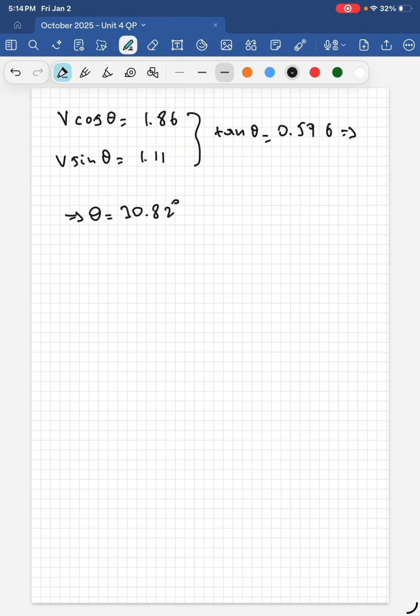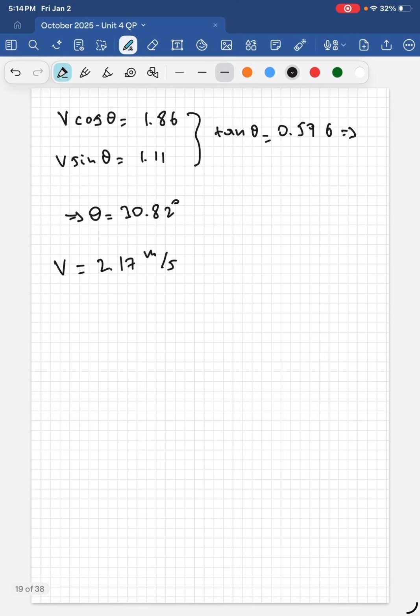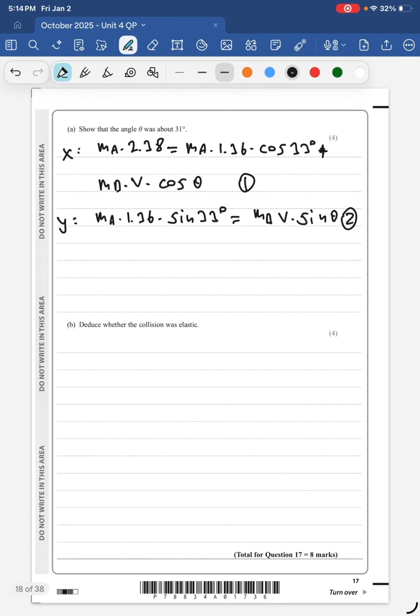And while we are at it, we can find v to be equal to 2.17 meters per second. Problem A says, show that the angle theta was about 31 degrees. We showed that. Now B, deduce whether the collision was elastic.